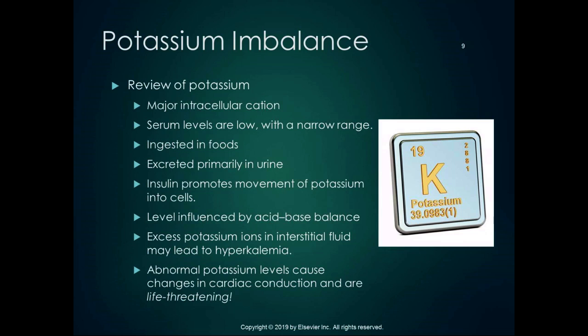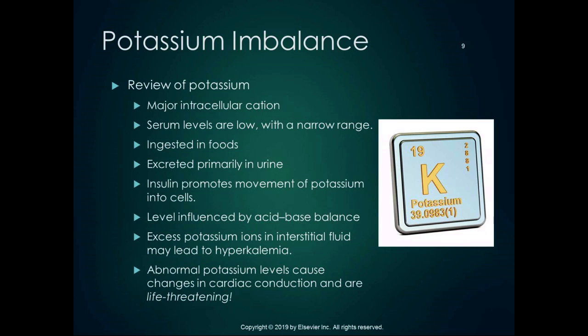Insulin promotes movement of potassium into cells. So insulin does a lot of things, but that's one of the things that it does. Potassium level is also influenced by acid-base balance. So we'll talk about acid-base balance in the next section, but there is a balance between potassium ions and hydrogen ions.